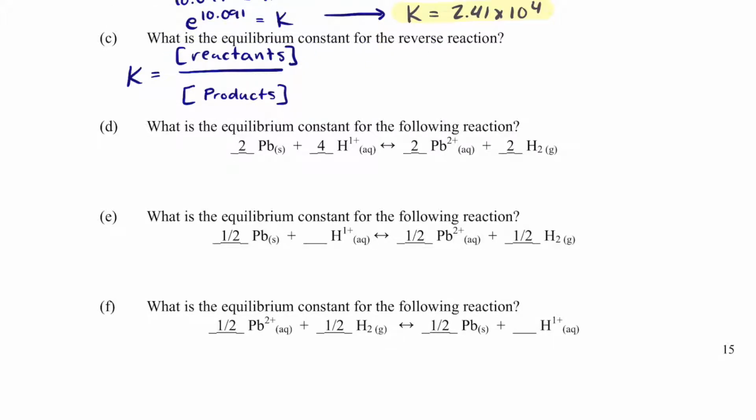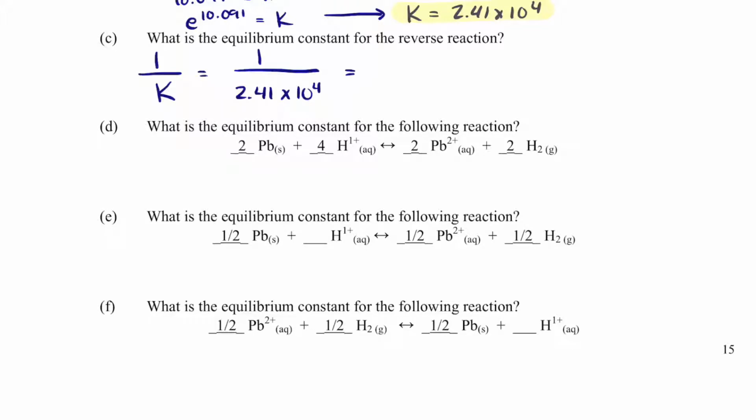And so basically, what I'll want to do is just take the reciprocal. So I'll have 1 divided by K, just flip it. So I'll have 1 divided by 2.41 times 10 to the fourth. When I math that out, I will get 4.15 times 10 to the minus 5.